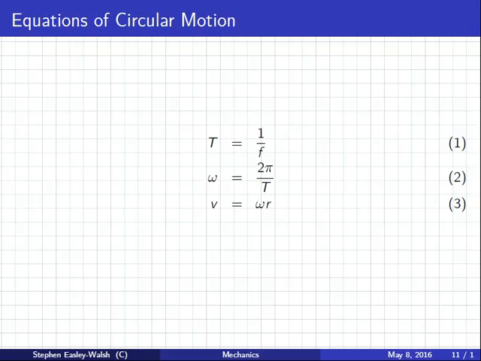And then the acceleration is v squared over r. That's formula 4. That's it, 4 formulas here. I need to talk a little bit about the units first.